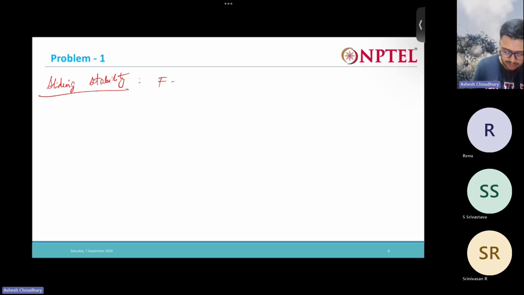What is the force? Weight times the friction coefficient. The weight of the reinforced soil block is gamma r, the unit weight of the reinforced soil block, times height times L, into tan of the friction between the reinforced soil block and the soil. So we have 18. Now what is this length?